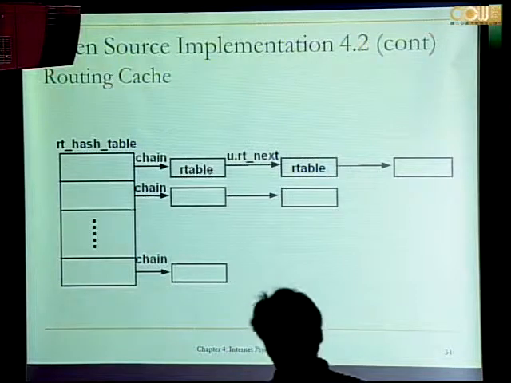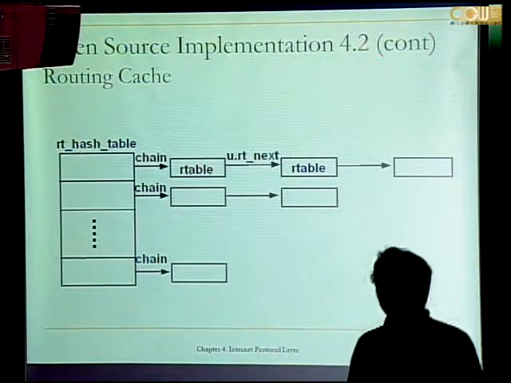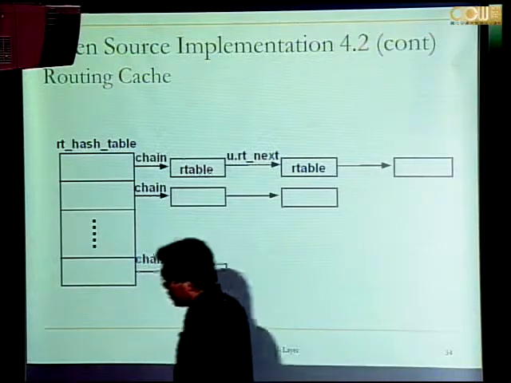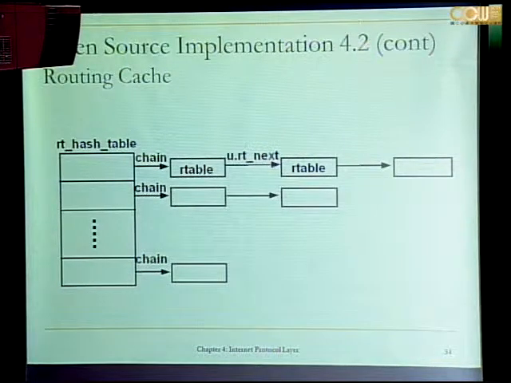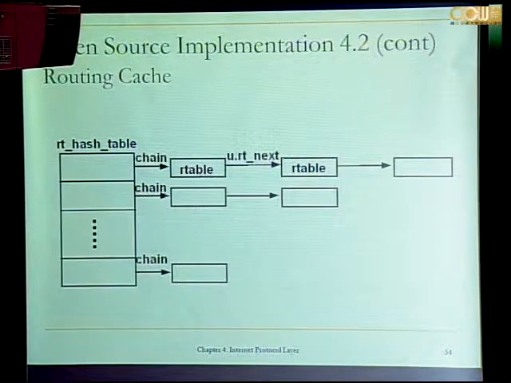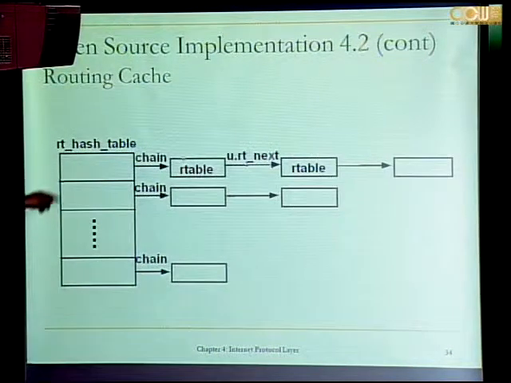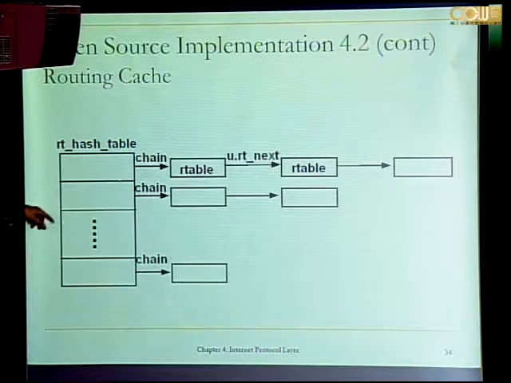But let's look at the routing cache first. You take the destination IP address of the packet to forward and input it into a hash function. The hash function will generate a value, which you use as the index into this hash table.